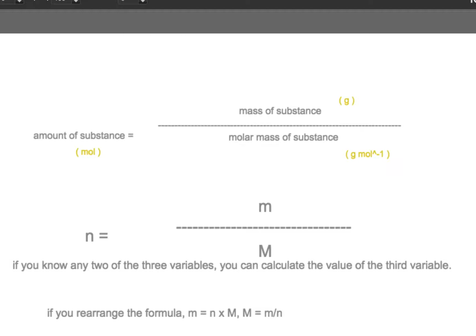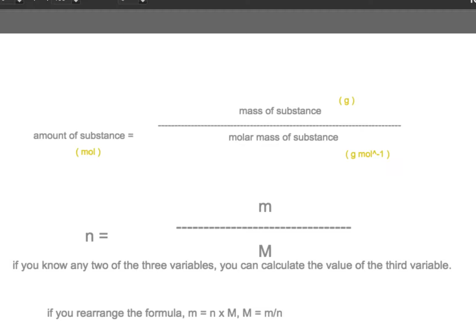The formula involving 3 variables: amount of substance, mass of the substance, and molar mass of the substance. They have this relationship where amount of substance equals the mass of the substance divided by the molar mass of the substance.